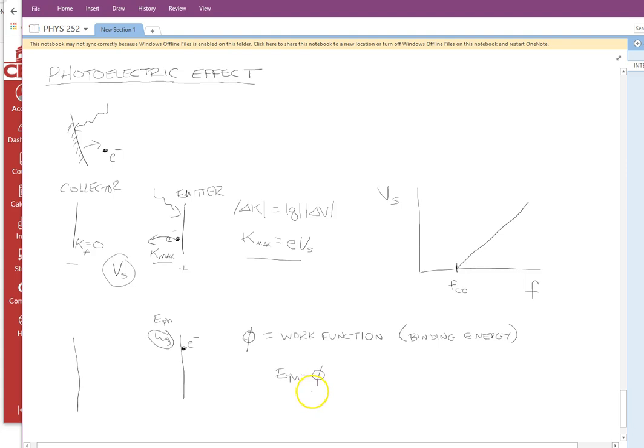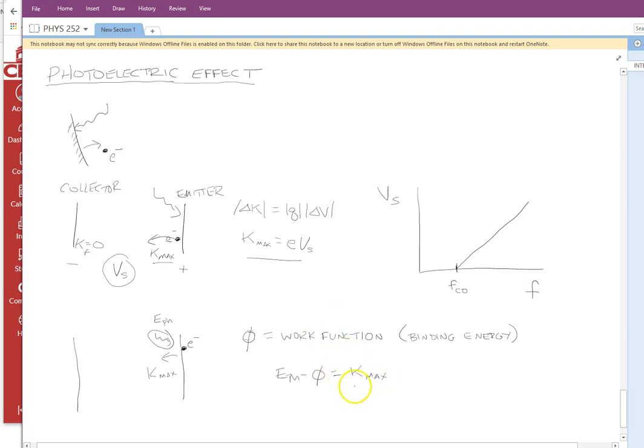Now, some of this difference in energy might be lost in a collision. So this difference is going to be the maximum kinetic energy, K max, that one of these liberated photoelectrons can have. The maximum kinetic energy is when all of the energy from the photon minus the work function goes into the kinetic energy.